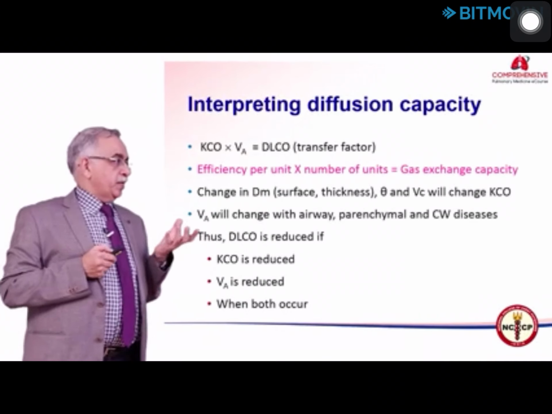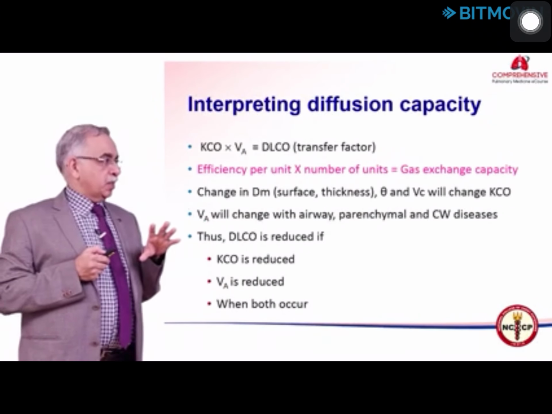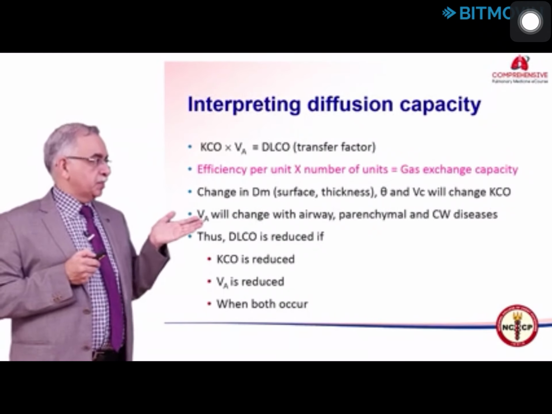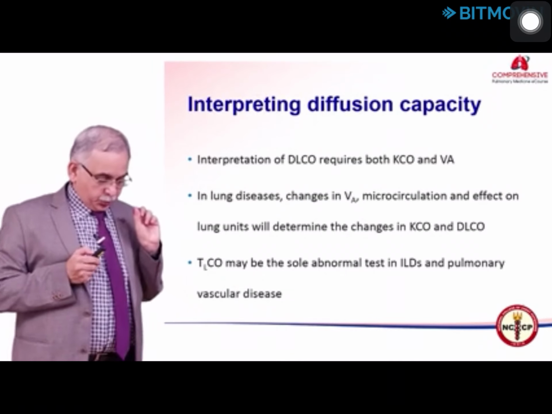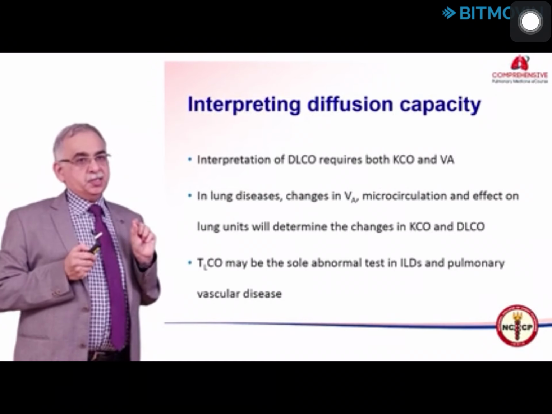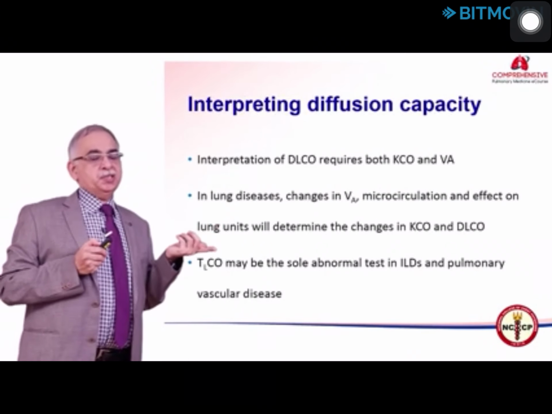Changes in VA, microcirculation and their effect on lung units, these will determine in which direction KCO is changing and DLCO is changing. The important point to remember here is that changes in gas exchange reflected in changes in diffusion capacity are sometimes the first change in lung function.